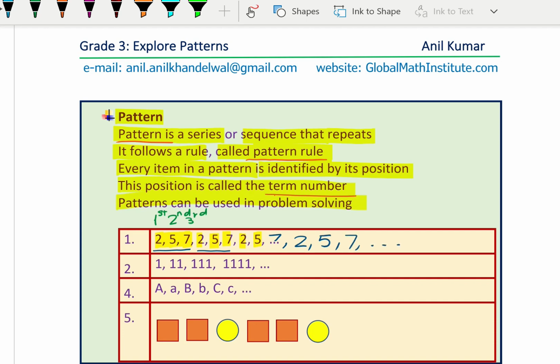So that is how they are repeating. Well, this is a special pattern where one group is repeating. So the group here is 2, 5, and 7. We also will call this a core group. So in such a pattern where exactly the same numbers are repeating, we call this a core group.